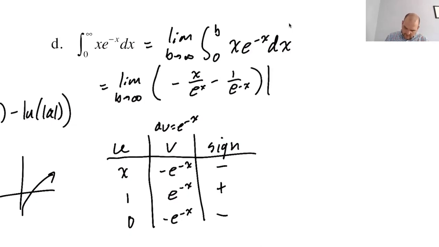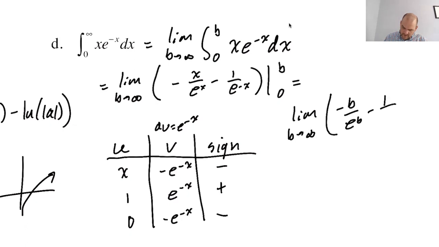And we're going from 0 to b. Okay, so that'll be the limit as b approaches infinity of negative b over e to the b minus 1 over e to the b. I had an extra negative there, so I removed it. And then when you plug in 0, you get 0 minus 1 over e to the 0, which is 1, so minus 1.